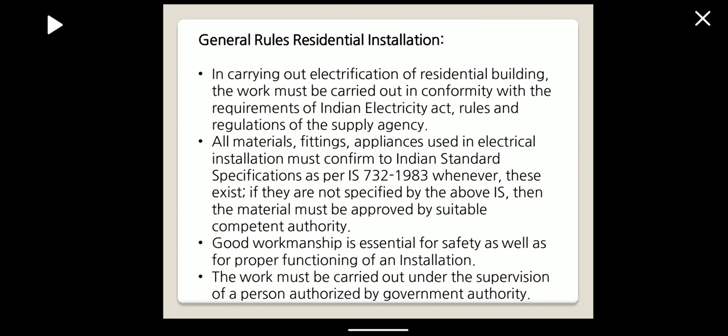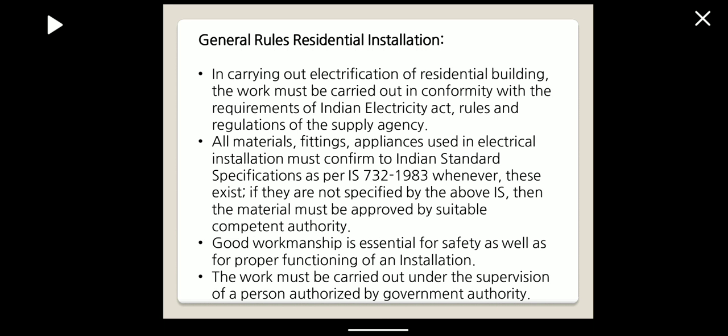First one is, in carrying out the electrification of the residential building, the work must be carried out in conformity with the requirements of the Indian Electricity Act, rules and regulations of the supply agency.